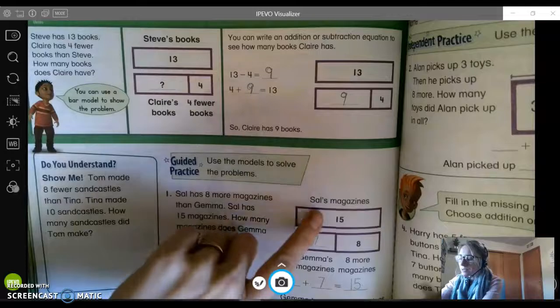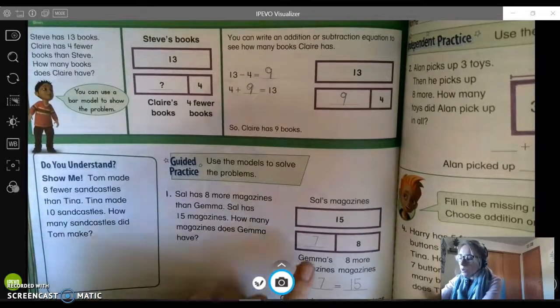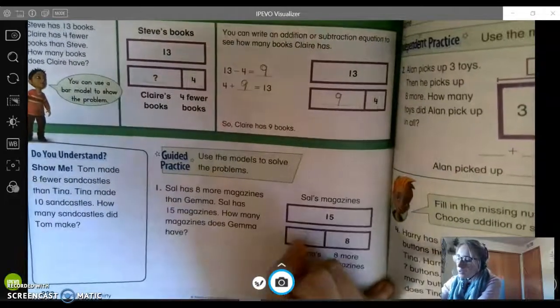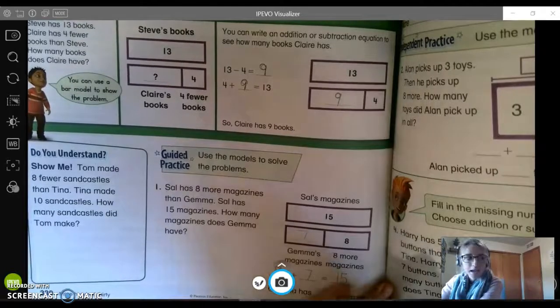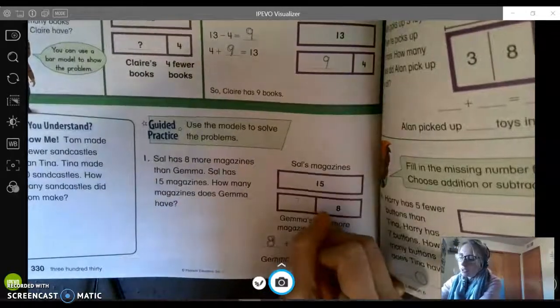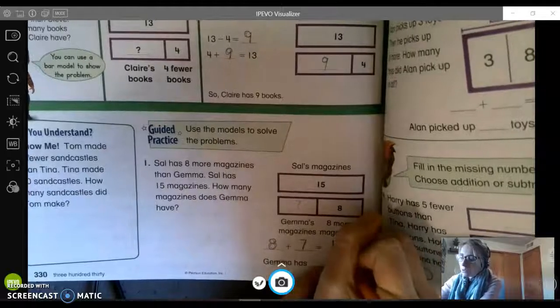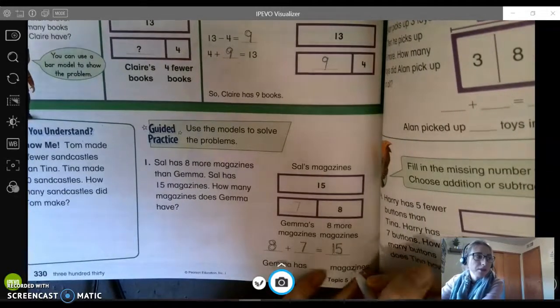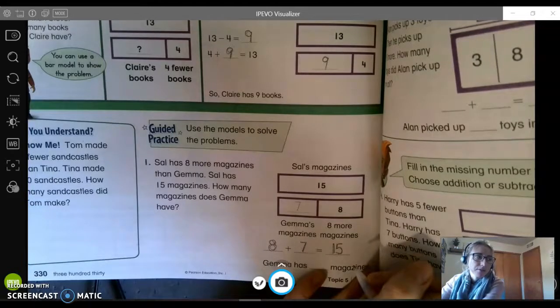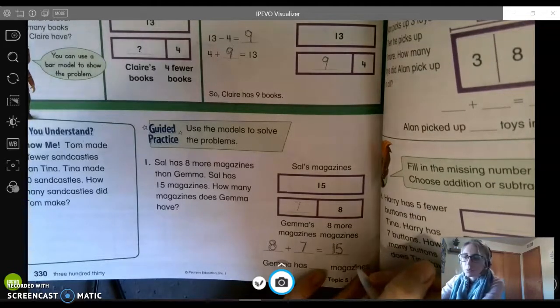So all this is 15 minus 8. Or what plus 8 makes 15? So then our math problem becomes 8, let me scoot that up, plus 7 equals 15. Or this could have been 15 minus 8 equals 7, or 15 minus 7 equals 8.